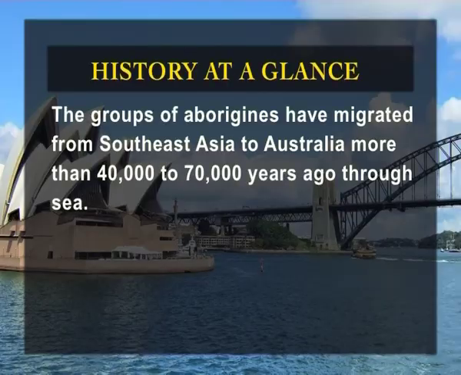History at a glance. The history of Australia has been discussed in several stages, which refer to the history of the area and people of the Commonwealth of Australia and its indigenous and colonial societies. Groups of Aborigines migrated from Southeast Asia to Australia more than 40,000 to 70,000 years ago by sea.